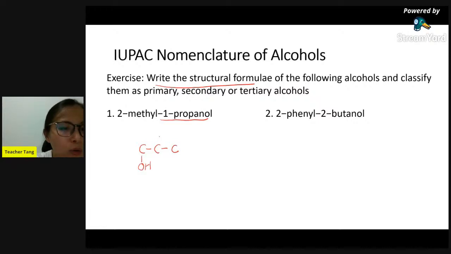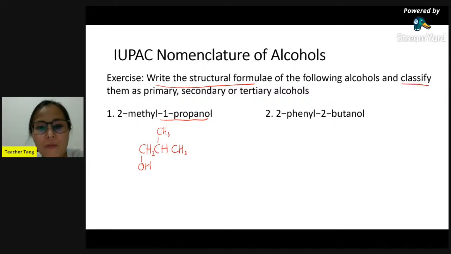And 2-methyl, so at carbon number 2 is a methyl, so this is CH2, CH, CH3. This is your 2-methyl-1-propanol. Before the next question, we also need to classify the alcohol. Circle the reference carbon first. This reference carbon has 2 hydrogens, which means 1 alkyl group attached to it. If 1 alkyl group, that means this is a primary alcohol.